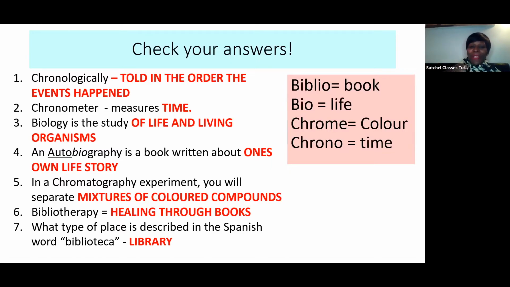Chromatography is trying to separate the mix of color compounds. Bibliotherapy is healing through books. So the therapy through books and reading, and a library is a biblioteca. So those are Spanish words we could understand, linking with languages because we know the roots of words, we understand their origins, and it's linking the languages together.